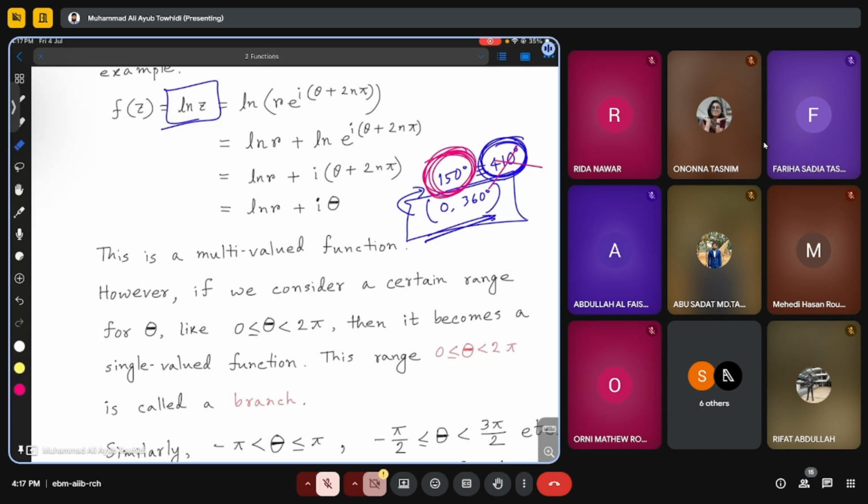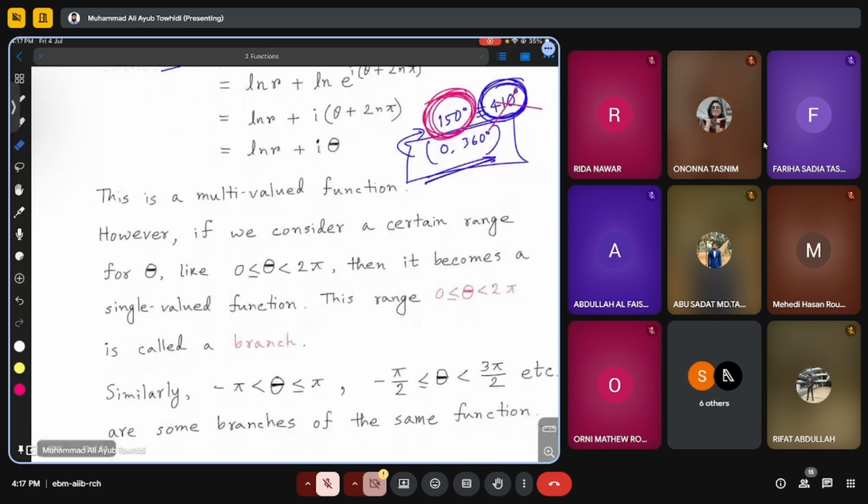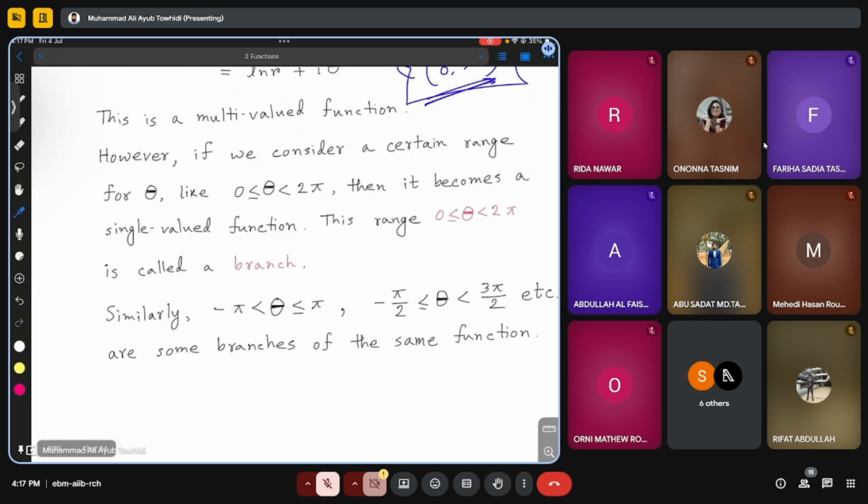So a multivalued function became a single valued function because we are considering a certain range. This certain range is called a branch. In this case, 0 to 2 pi, this range is a branch. Branch can be any range.